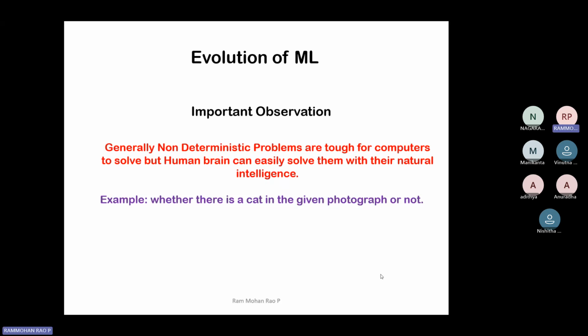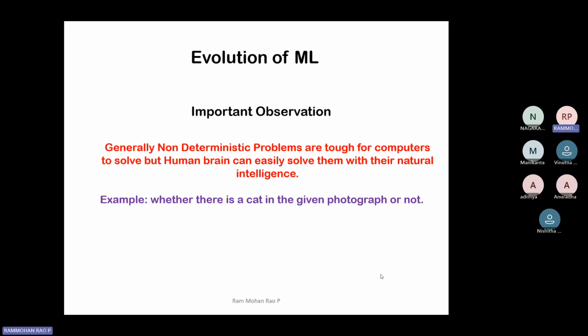Means for a small kid, it is very easy to identify whether there is a cat in a photo or not, whether there is a dog in a photo or not, and whatever may be the color, the type, or the size of the cat, a small kid can easily tell yes, there is a cat in this photograph. How is it possible? Because of our common sense or natural intelligence, right?